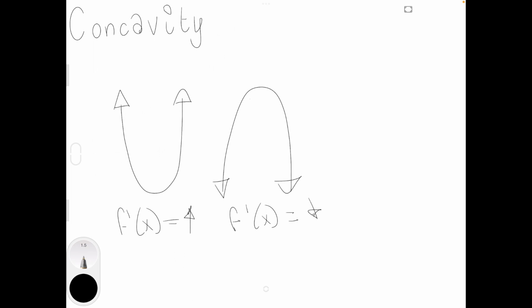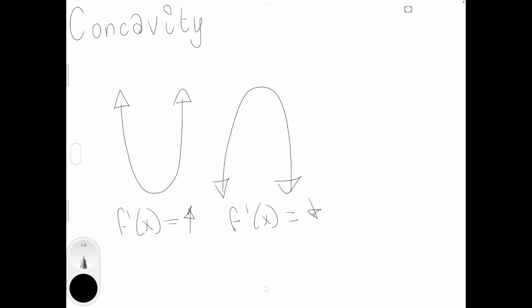We can also use the second derivative, though, because the second derivative is kind of like the slope of the first derivative, right? If the first derivative was its own function and you took the derivative of that, then it's going to just be the slope. So if the first derivative is increasing, then that means the slope is positive.